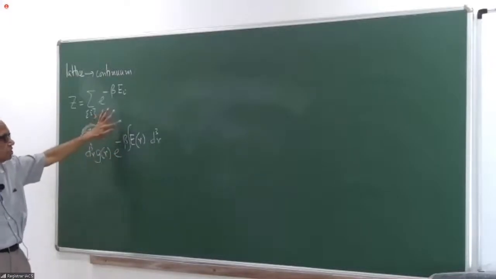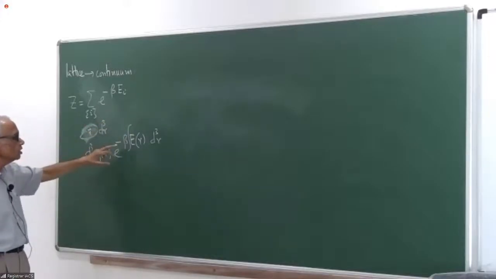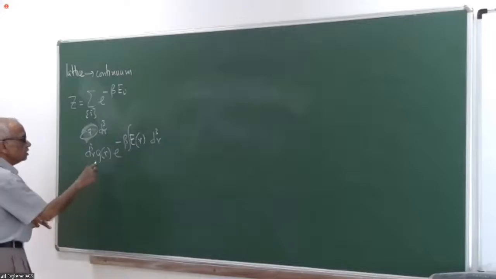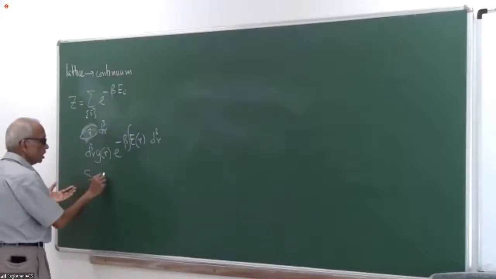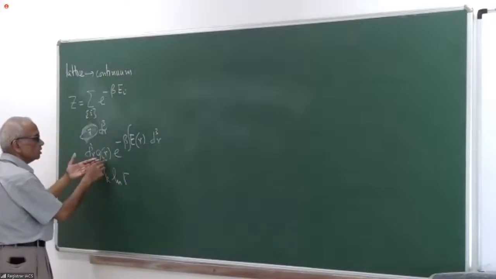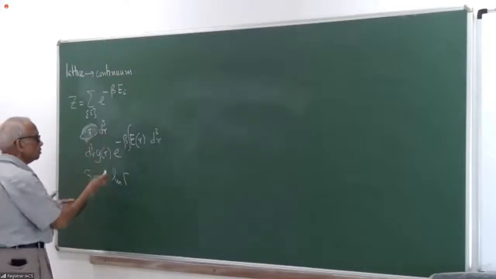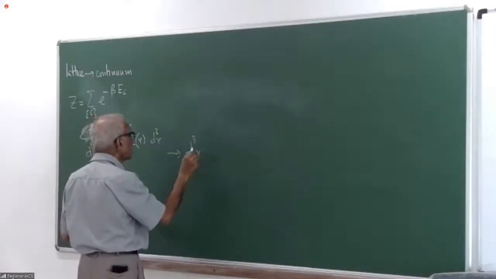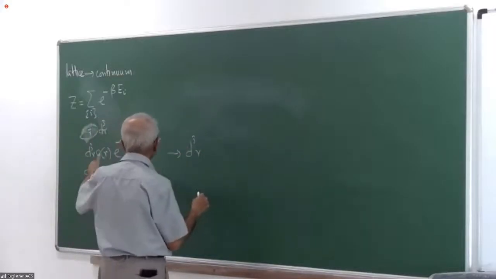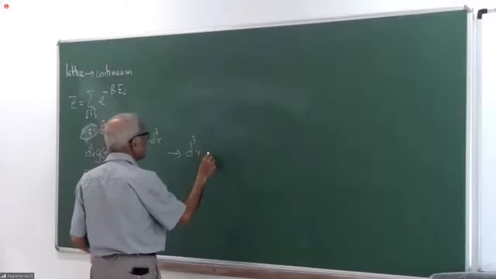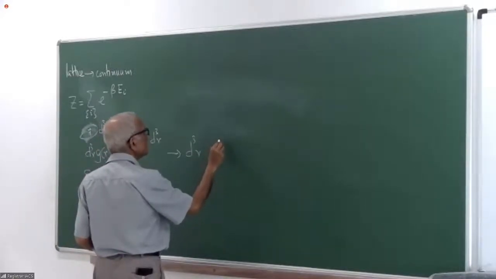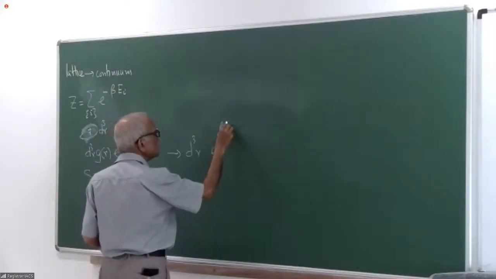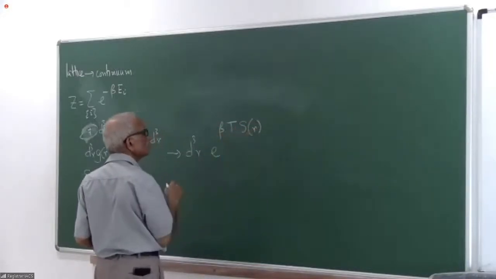corresponding to this energy E of R, is like so, S equals K log gamma. So gamma is the number of configurations, and it goes up into the numerator, up to d3r. There is going to be e to the power, and there is now beta, which is 1 over kT, so there is a T, and there is the entropy S of R over here.